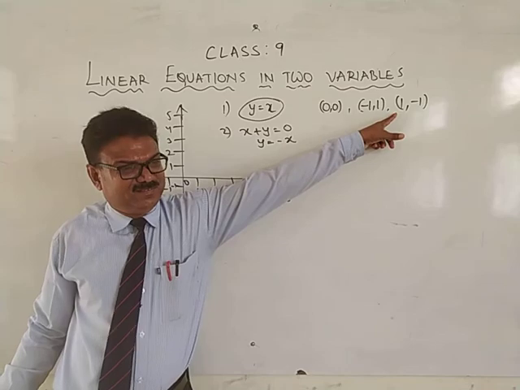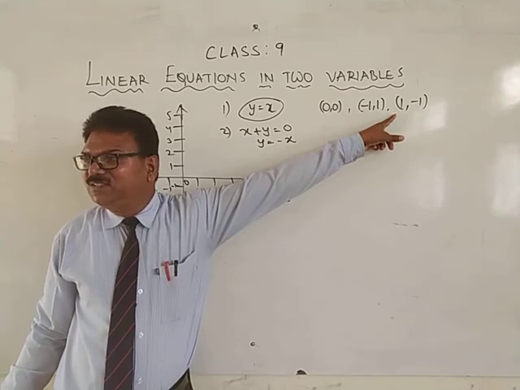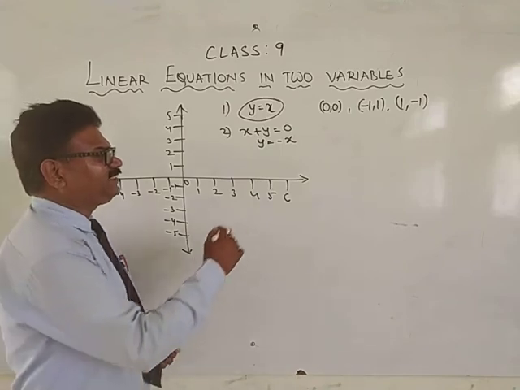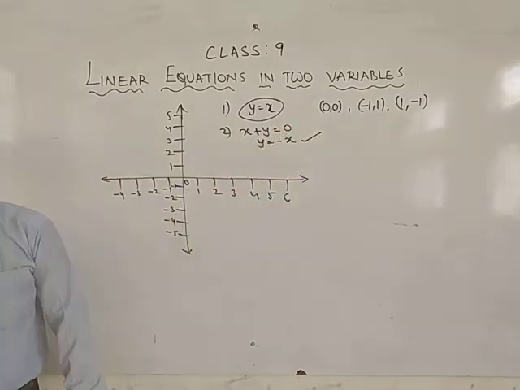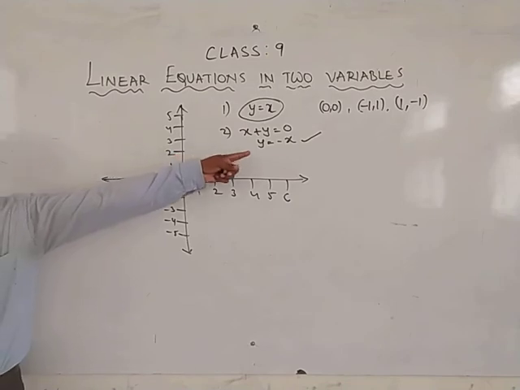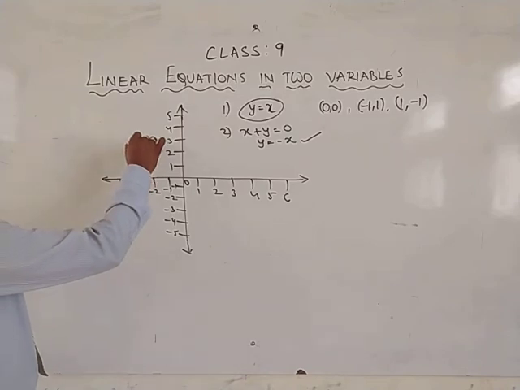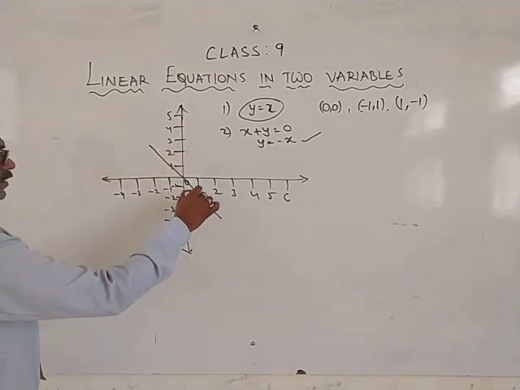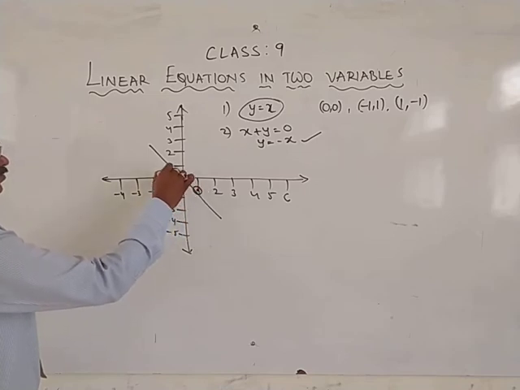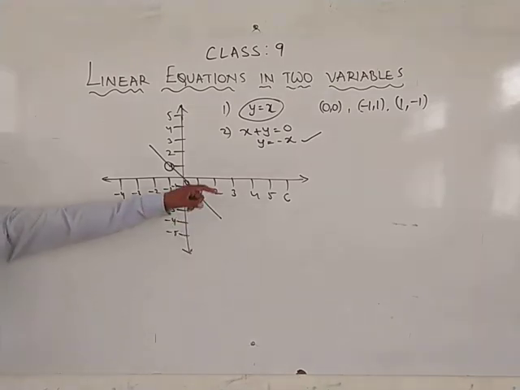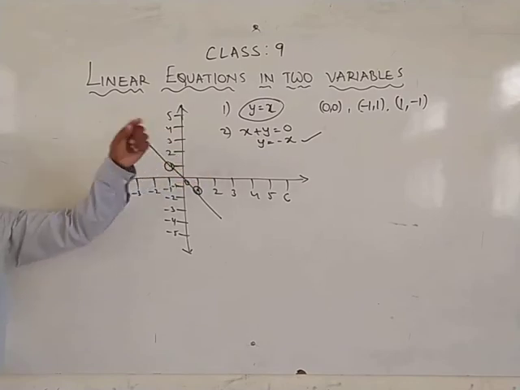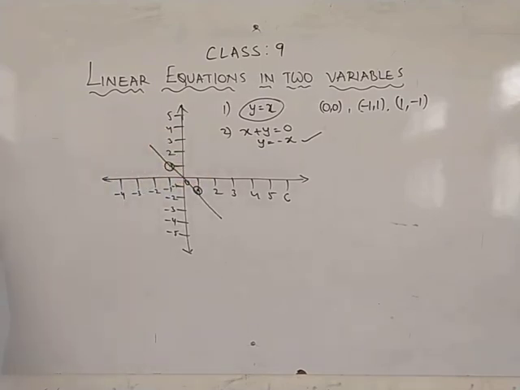If x equals 1, y equals plus into minus, minus 1. Therefore, x plus y equals 0, or y equals minus x, is the correct equation for this. Did you understand? Please take down: for this figure, among the 4, x plus y equals 0 or y equals minus x is the correct answer.